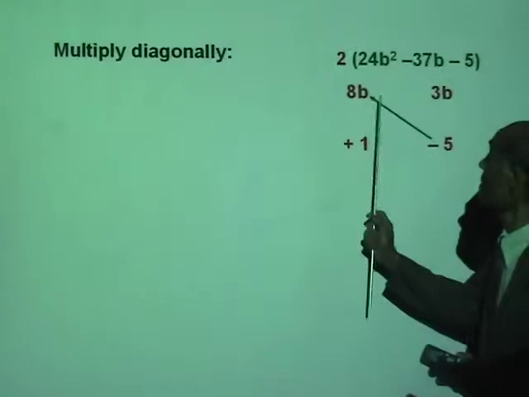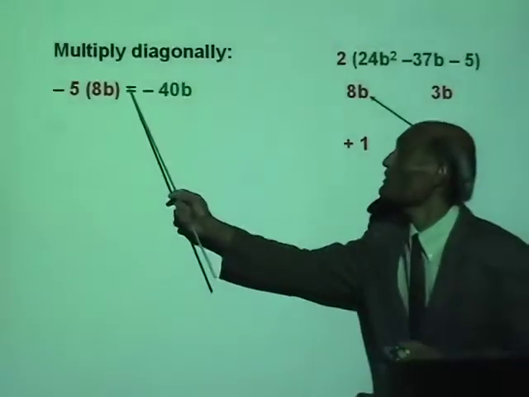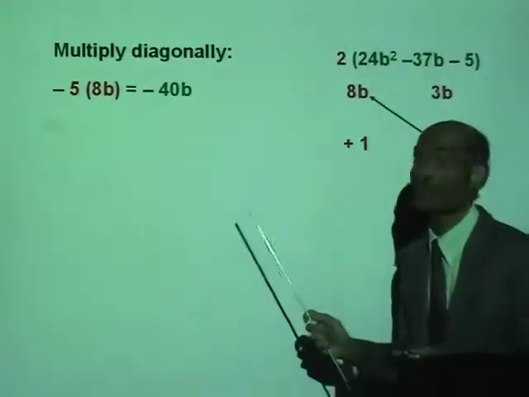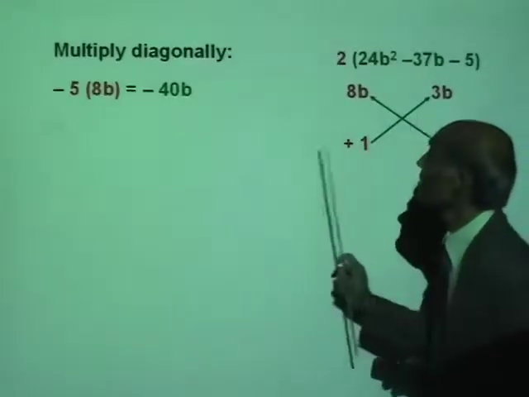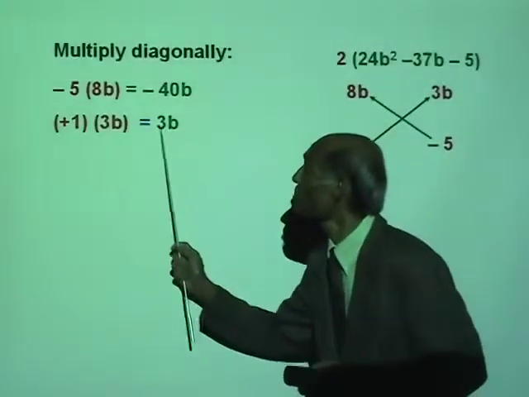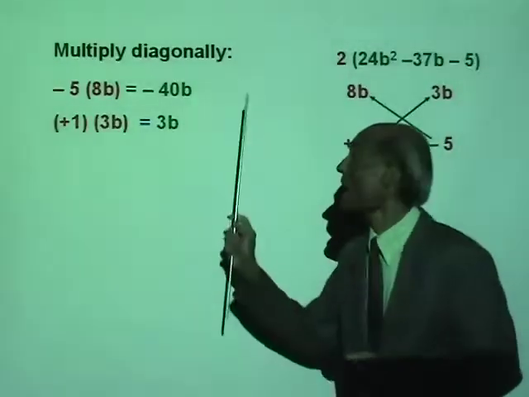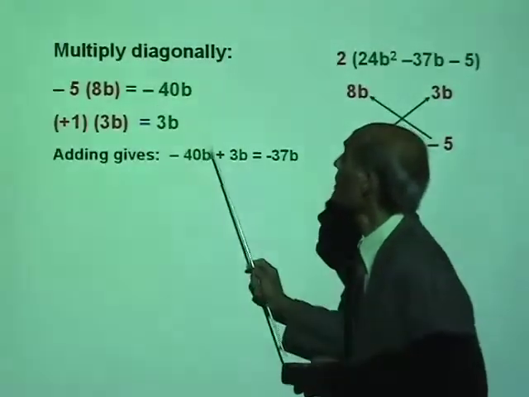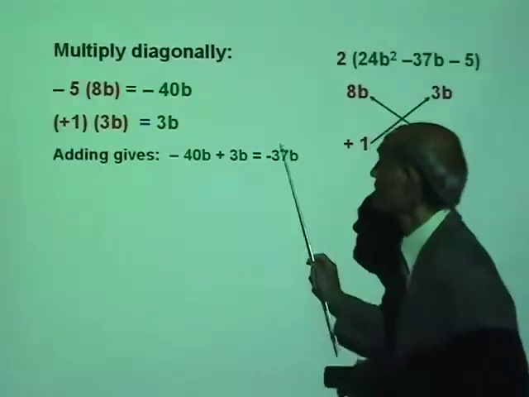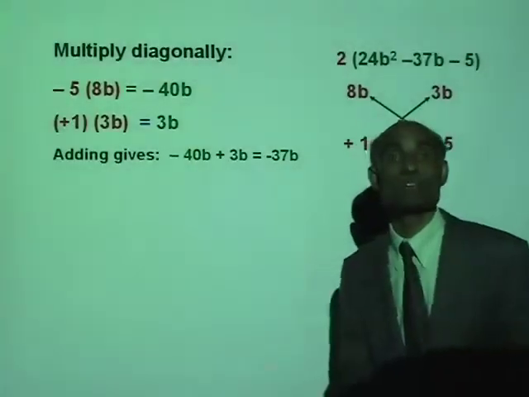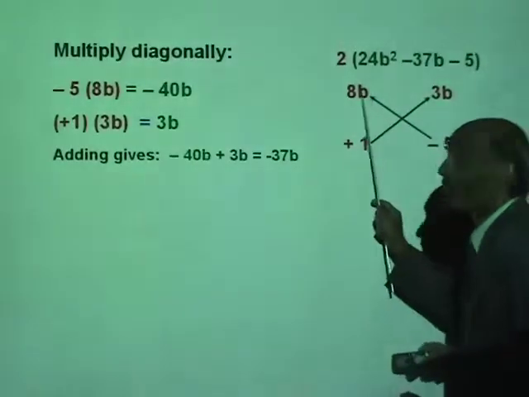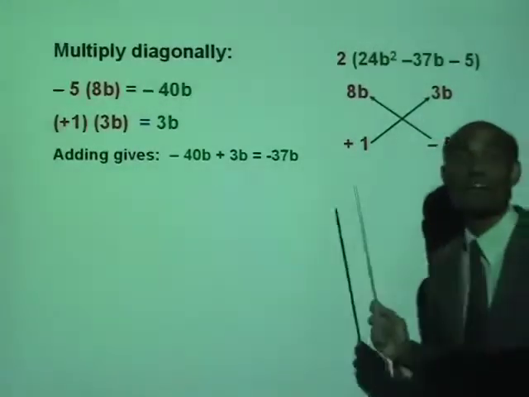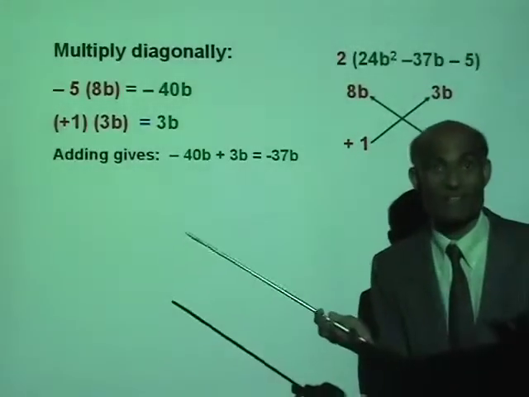Negative 5 times 8b is negative 40b. And positive 1 times 3b is positive 3b. Adding them, negative 40b plus 3b is negative 37b. We got our middle term.